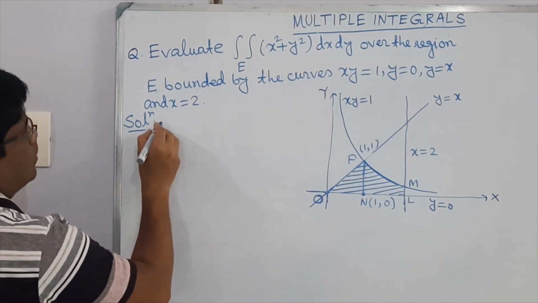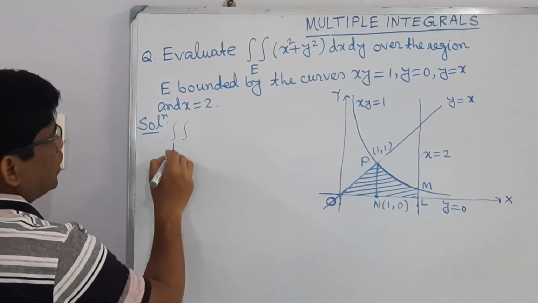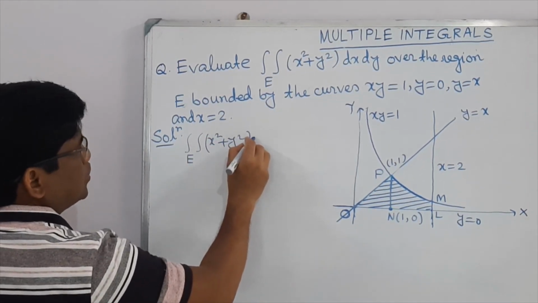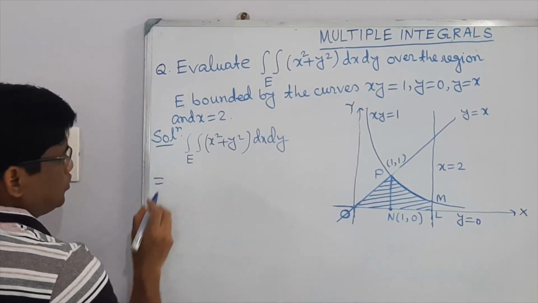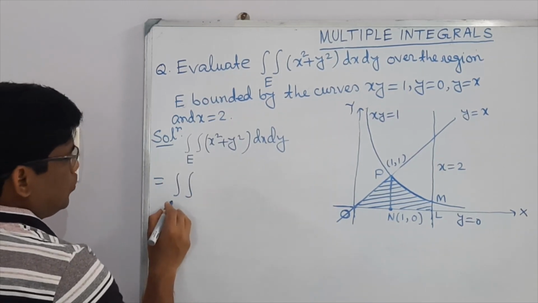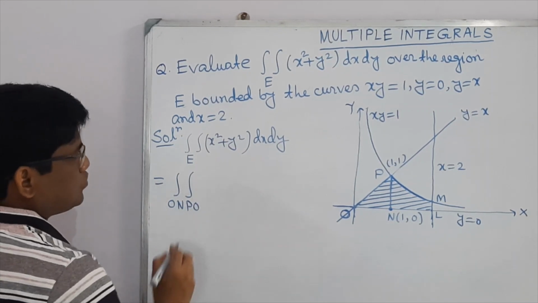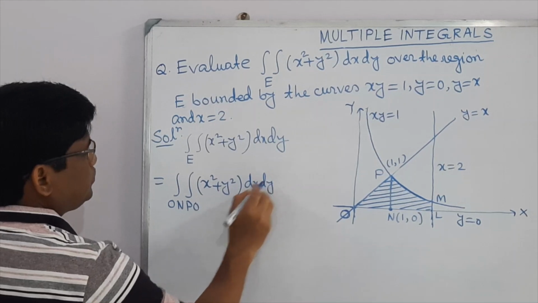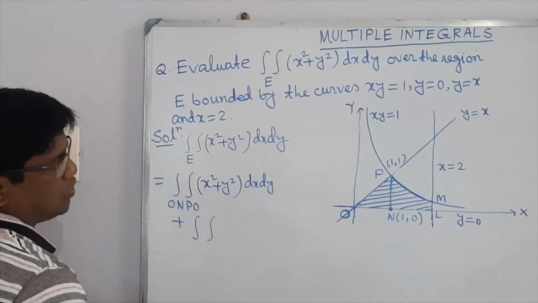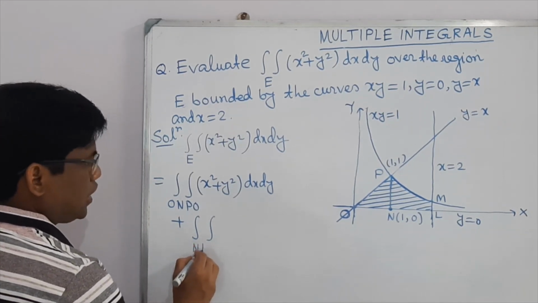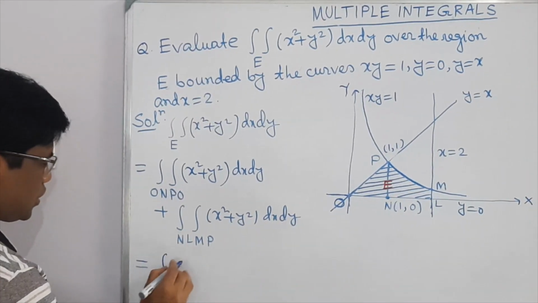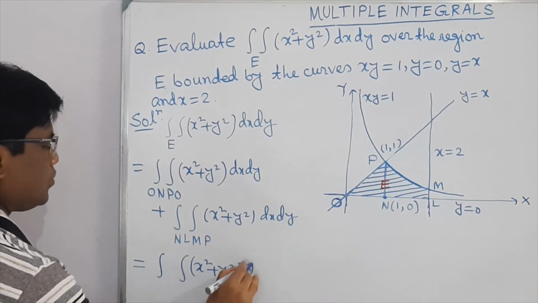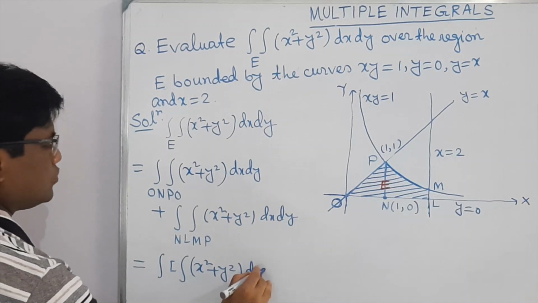Hence we get the double integration of x square plus y square dy dx over E is equal to the integration over ONPO of x square plus y square dx dy plus the integration over NLMP of x square plus y square dy dx.